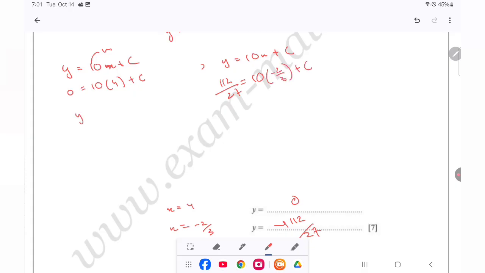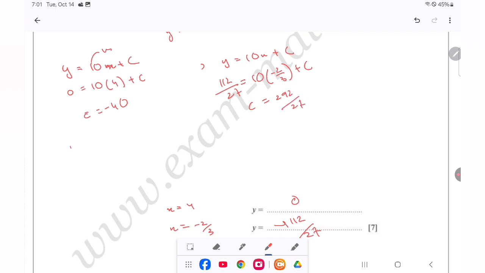Solve it further. c will give you the value of negative 40, and here c will give you the value of 292 over 27.